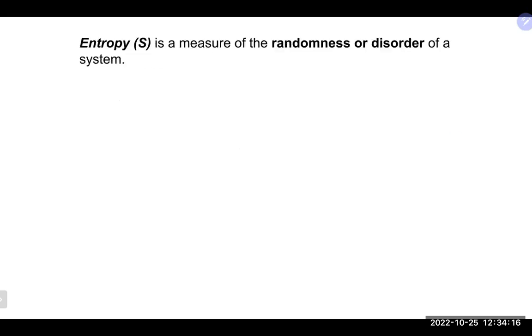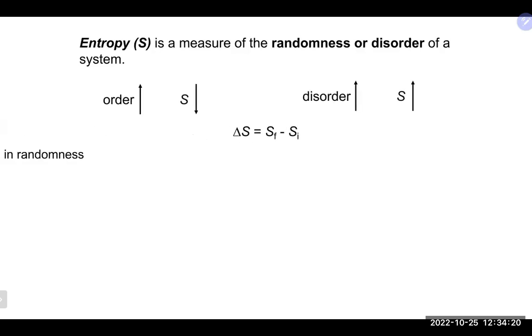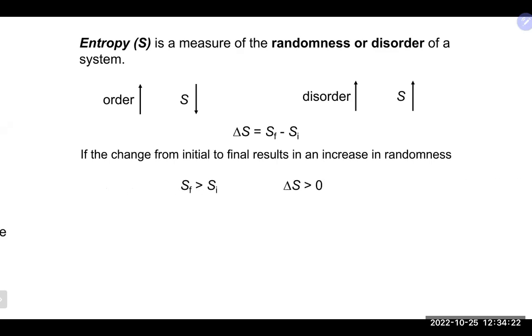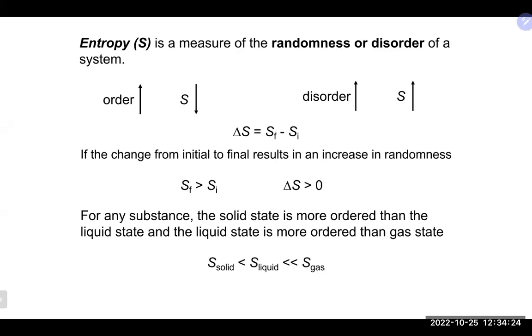So what we do have to look at is some other properties to help us decide whether or not a reaction will be spontaneous. And one of the things that we could look at is entropy.